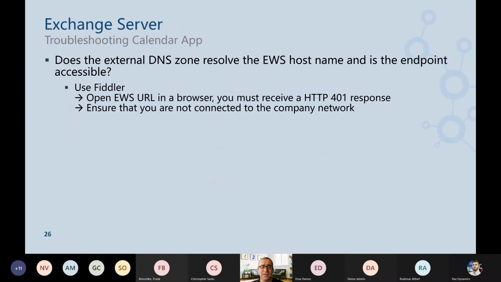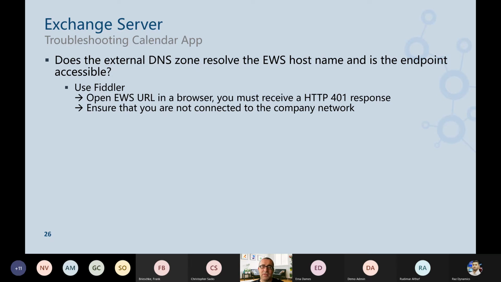In this case, first of all, let's check the obvious. Is the host name returned by Autodiscover correctly resolvable by DNS from the internet? That's something that we check as a first step. It's pretty simple. Open up a browser on a computer that is simply connected to the internet, again, not to your internal company network. Open the URL.